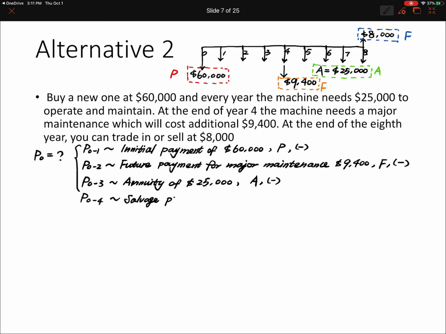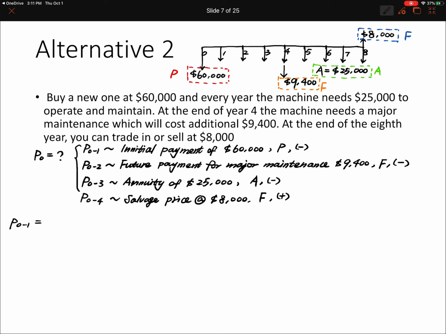It is your salvage price at 8,000. Compared to the present value, it is a future value, so the type is F, and then it is receiving, so it's positive. So those are the 4 parts you want to convert back to the present time.